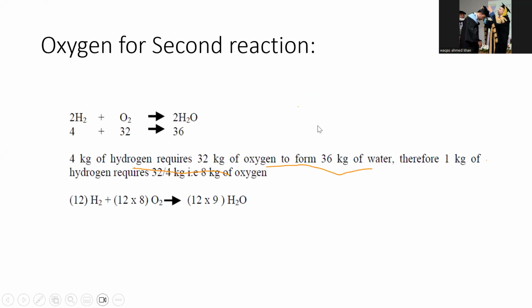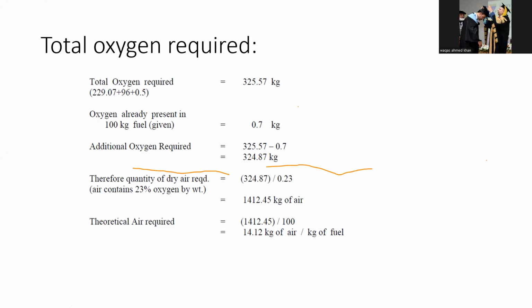But if you want to use air instead of oxygen, then you have to divide by the factor 0.23, or multiply by 100 over 23, to find the weight of the air required.